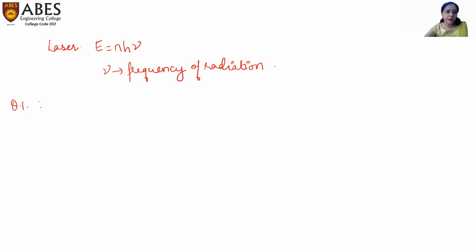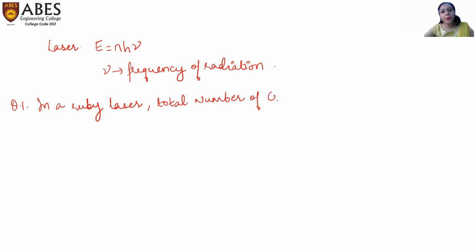In a ruby laser, the total number of chromium ions, Cr3+ ions, is 2.8 into 10 raised to the power 19.